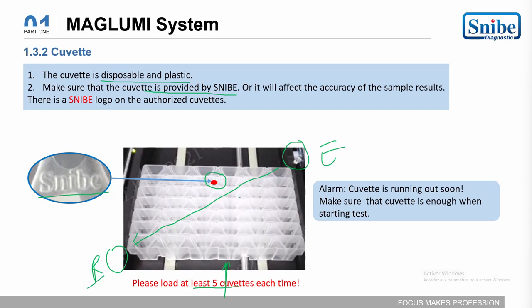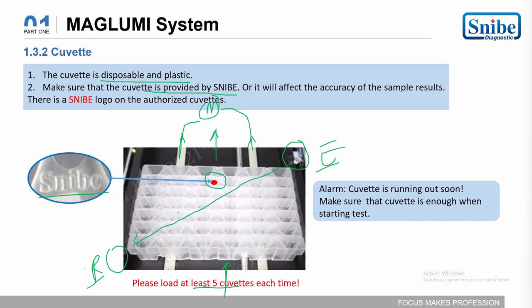If the receptor is receiving the signal emitted from the emitter, that means there is no cuvette. When there is a cuvette between the emitter and the receptor, the receptor will not receive the signal, which means there is a cuvette loaded. Then the motor will start working, and the belts will move the cuvettes from here to the inside of the analyzer in this direction.